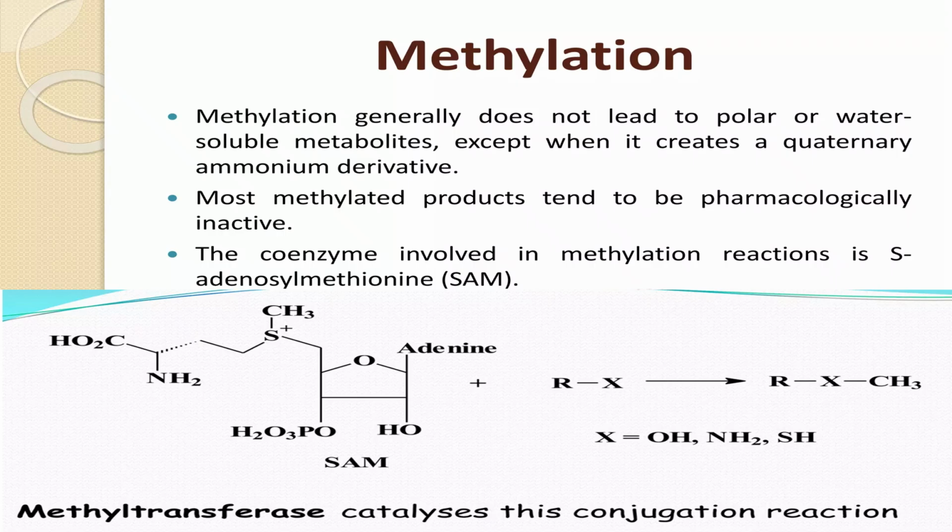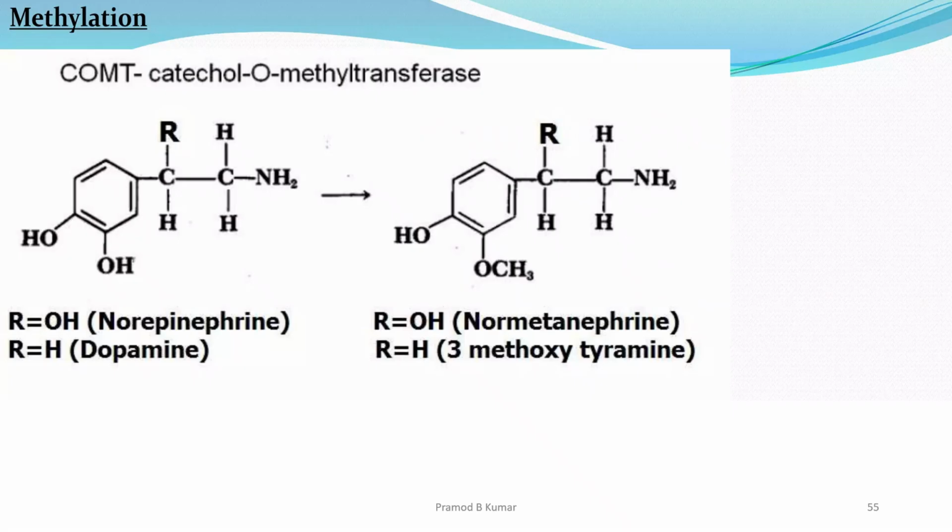So methionine is an amino acid with an S-methyl group that forms a complex with adenosine monophosphate. When a substrate with RH, OH, NH2 or SH combines, the methyl group of methionine gets transferred to your substrate and you get a methyl ether or methyl thioether intermediate, and this reaction is catalyzed by the methyl transferase enzyme.